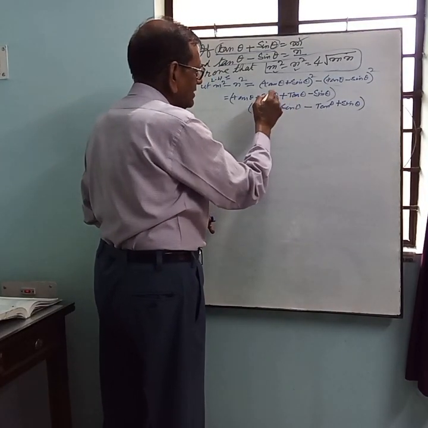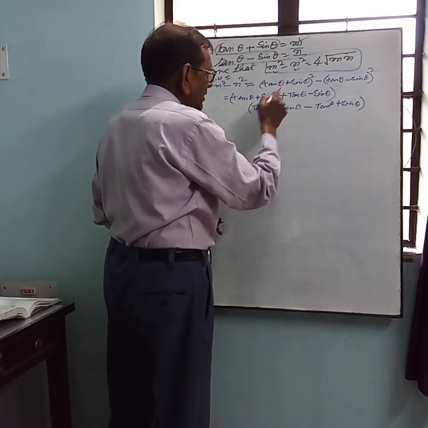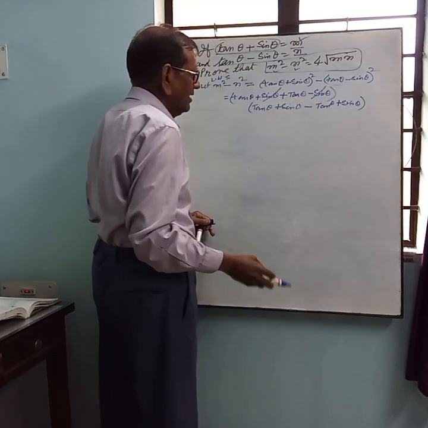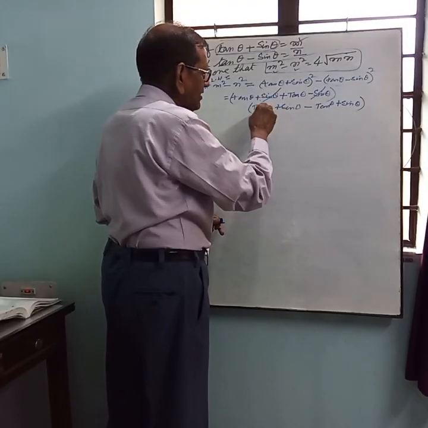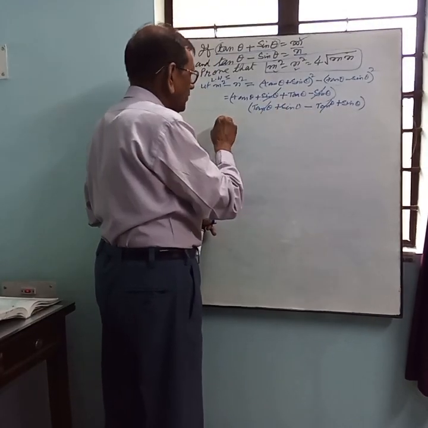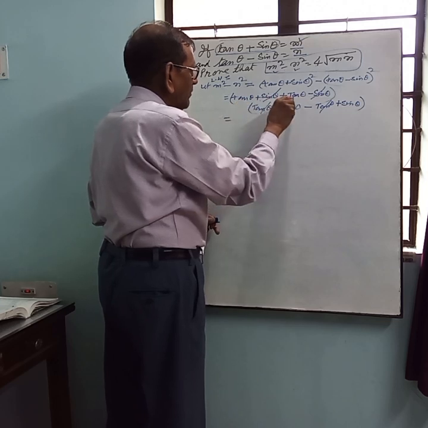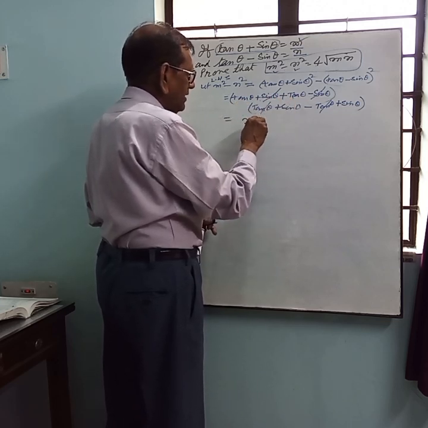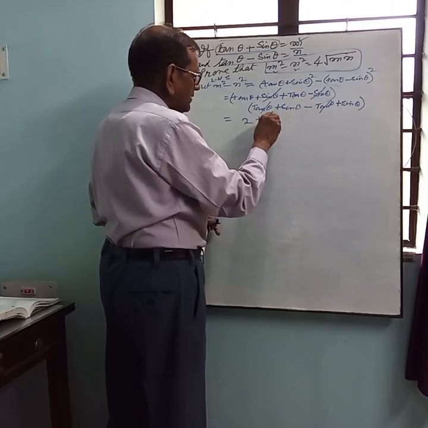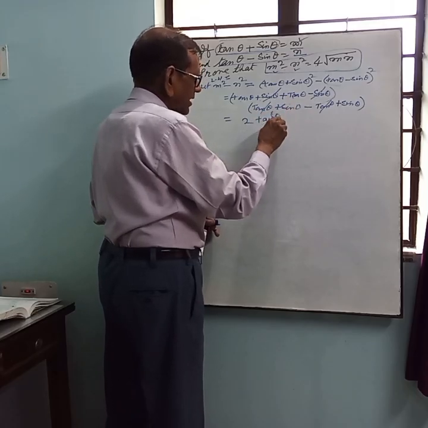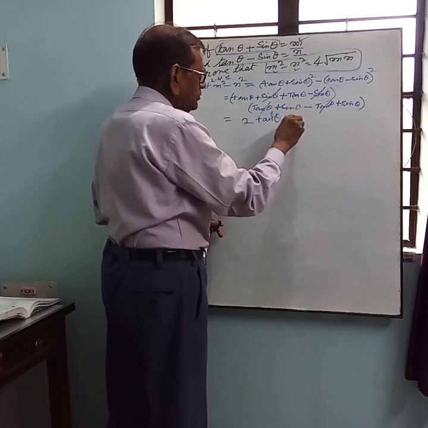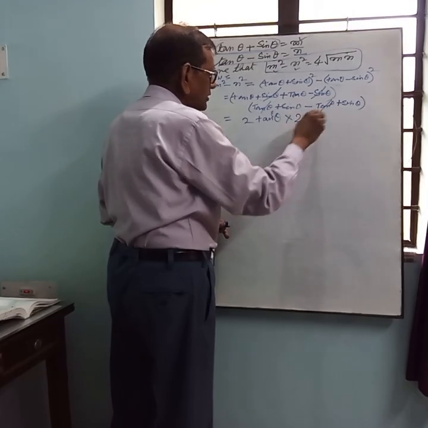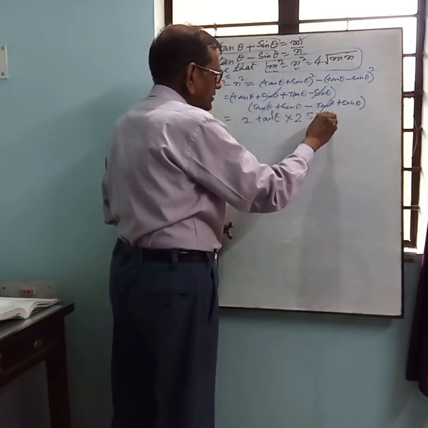So, sin theta plus and sin theta minus will be cancelled. And here, tan theta will be cancelled. So, what will be left? Tan theta plus tan theta, 2 tan theta, into 2 sin theta.